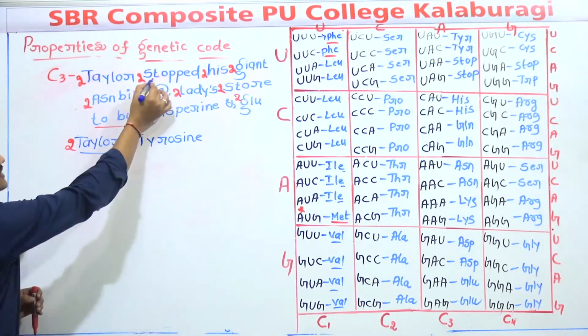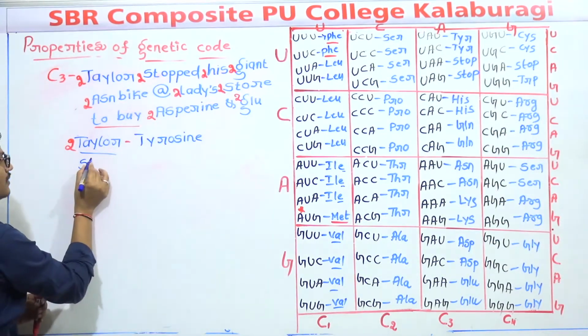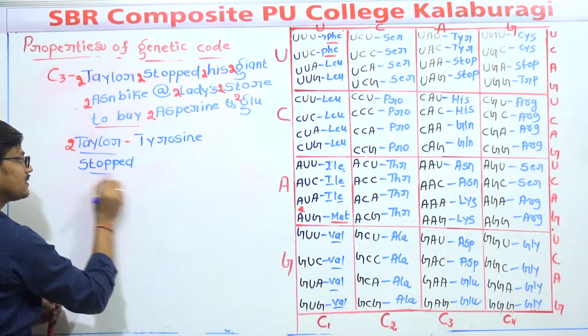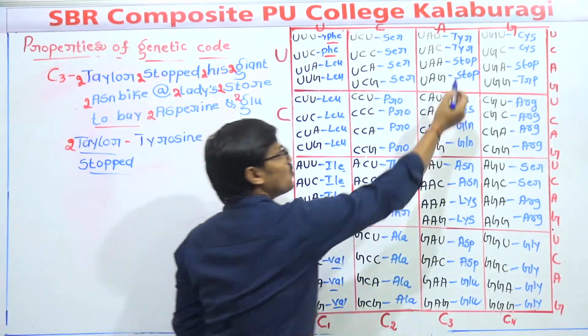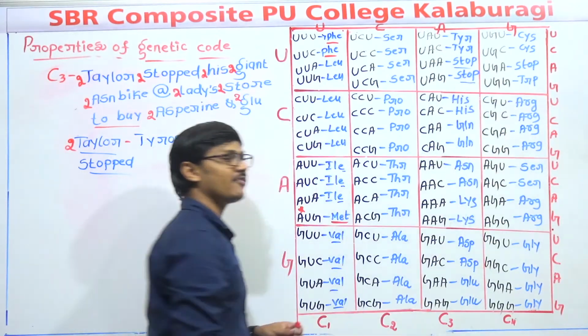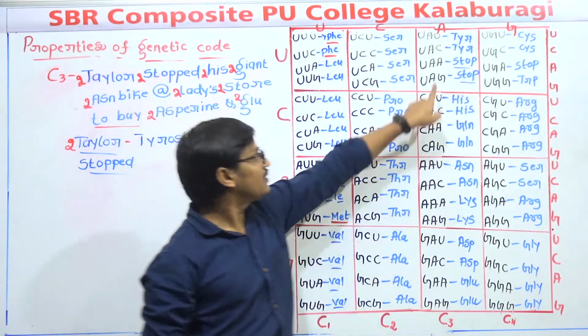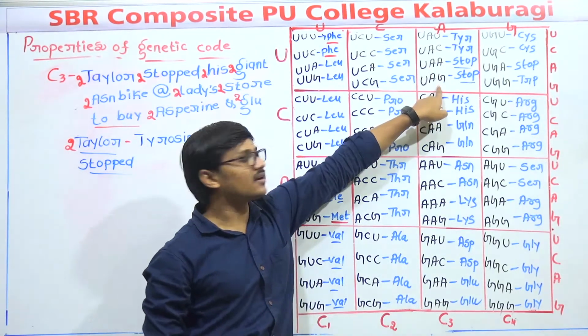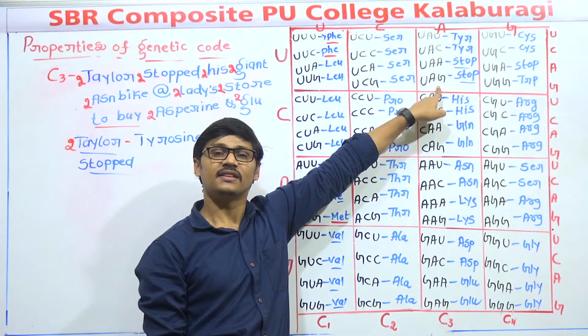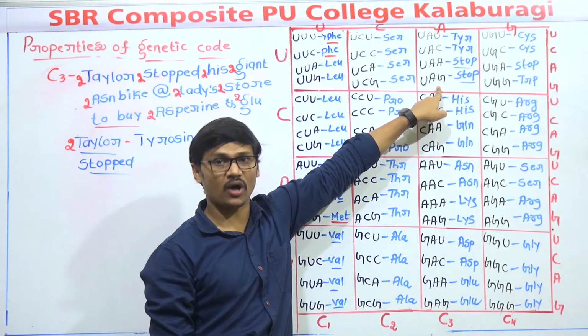Now next, stopped. This one is very important. See here, soon after tyrosine, in the genetic code table they have given a stop. These 2 codons are called the stop codons. Why are they called stop codons?